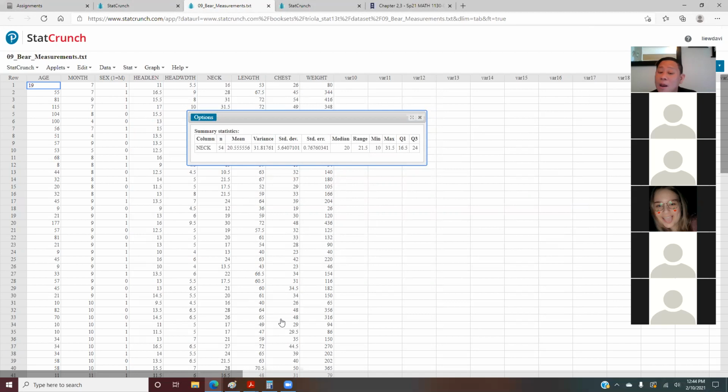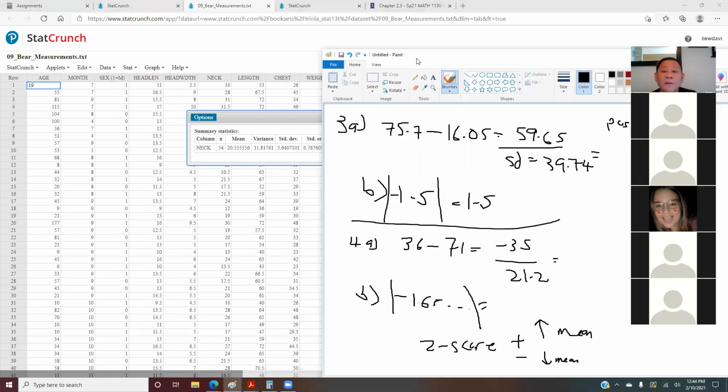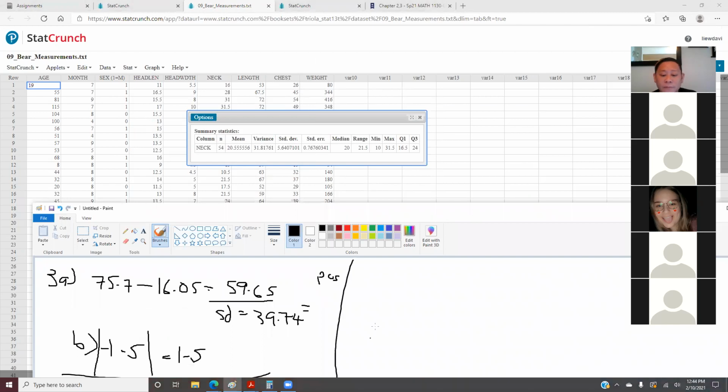Interquartile range. And how do you find the interquartile range? That's correct, Q3 minus Q1. Very good. So if you have your calculation done in StatCrunch, you have Q3 and Q1, you just subtract these two numbers, 24 minus 16.5, and that is your IQR.